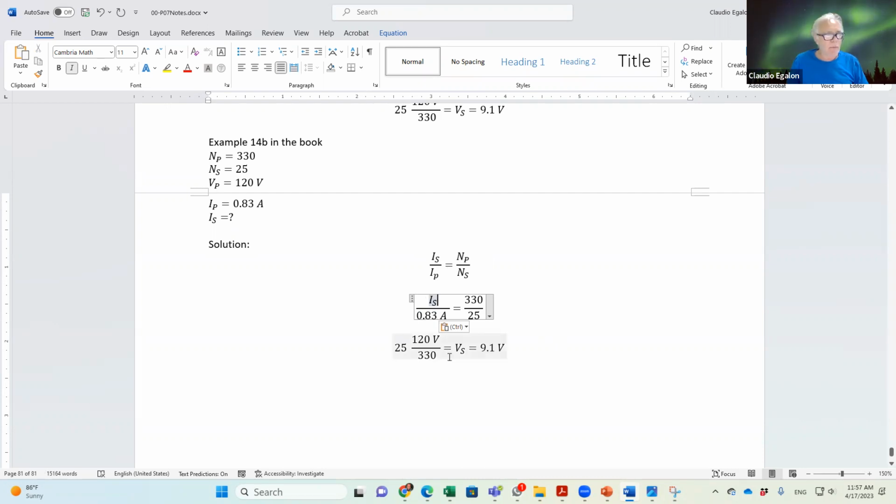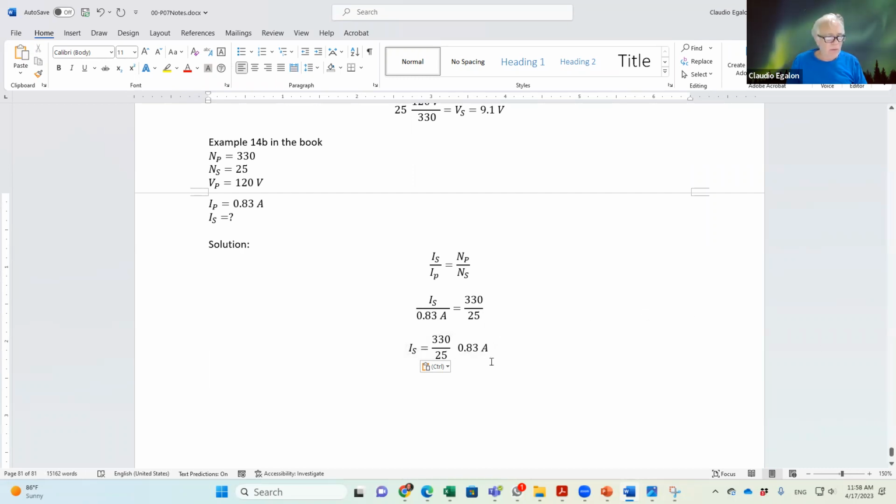And then we solve for that, right? We are going to step up on the current, and that's because of conservation of energy, by virtue of the conservation of the power.